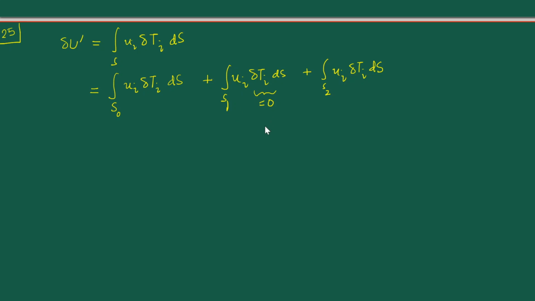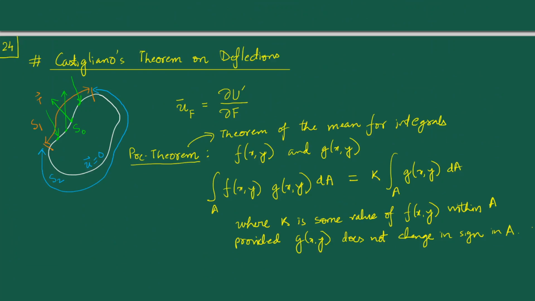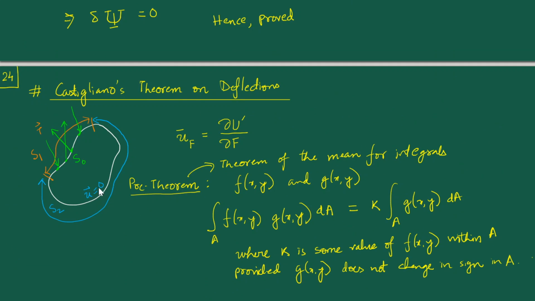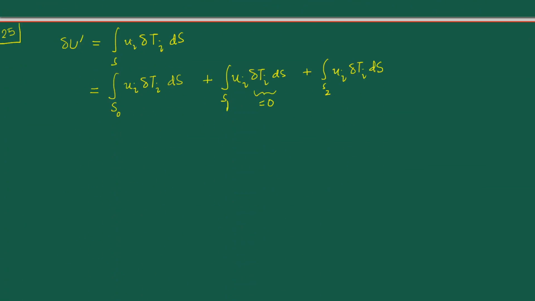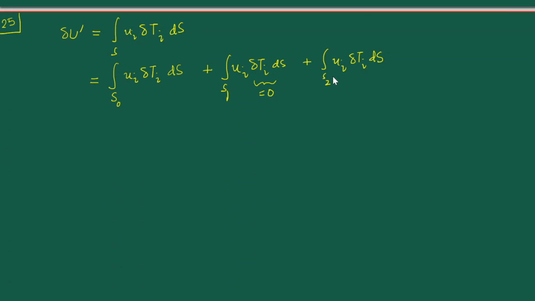This is extremely important to note. Next, for this integration over S2, it is the Ui which is specified. You can go back to our initial statement here where you note that this u vector is equal to 0. The displacement is specified, but the value is specified as 0. So here it is this thing which is actually 0.